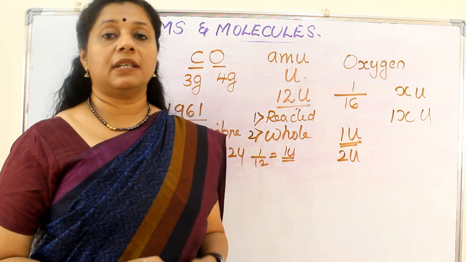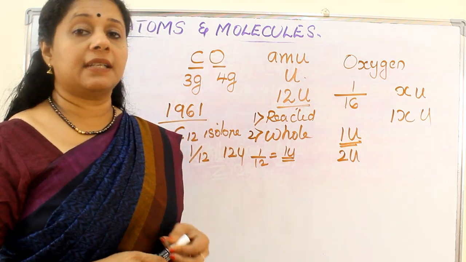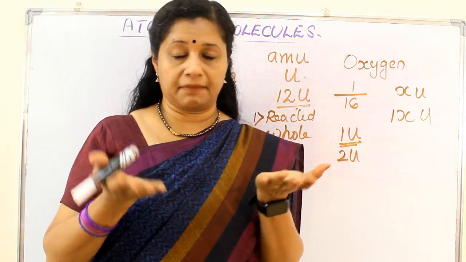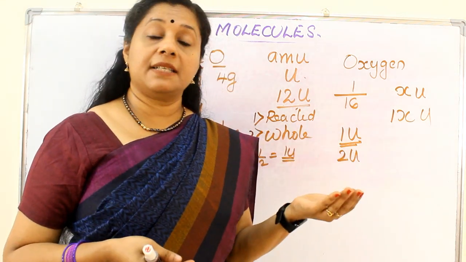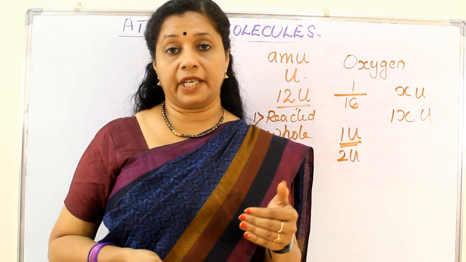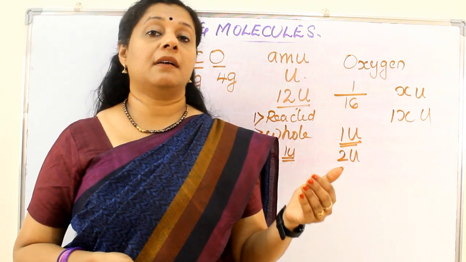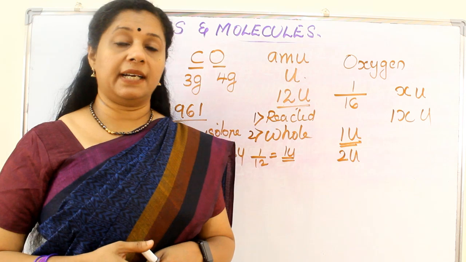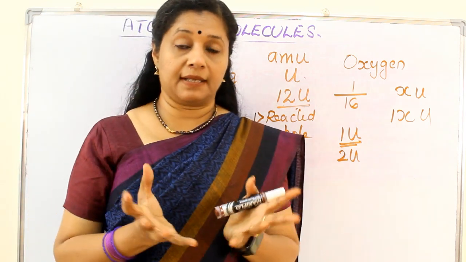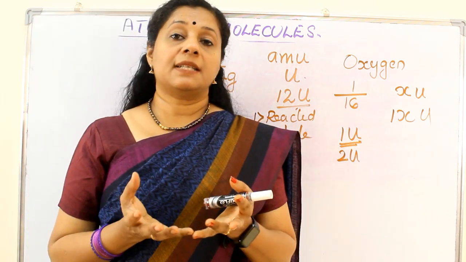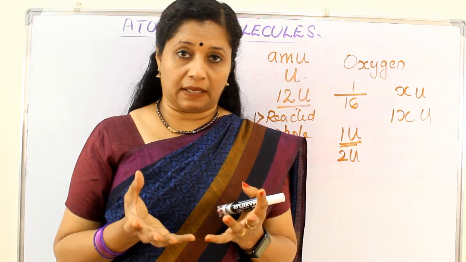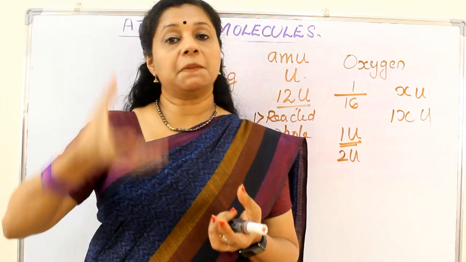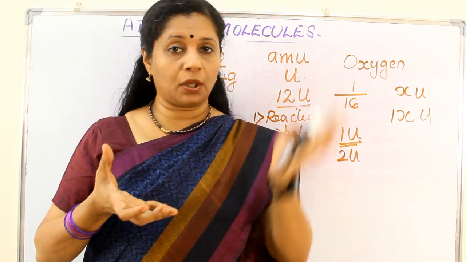In your textbook there is an analogy given: a fruit seller who doesn't have a weighing machine. Somebody is asking for half kg of potato, another person asking for quarter kg of tomato, but he doesn't have his weights. So suppose he has a watermelon. This watermelon is considered as carbon-12. It is divided into 12 parts, so each part weighs 1 by 12 of the total mass.